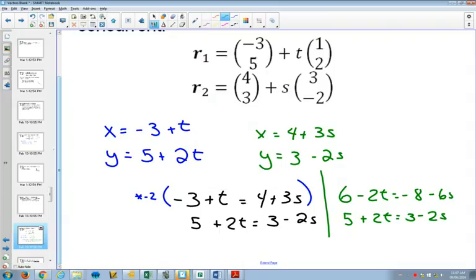What I wanted to do was get the coefficients of one of my variables the same, and I've done that with my t's now. They're the same, but one is positive and one is negative. So now if I add these together, I'm going to get 11 plus 0 equals 5 minus 8s. Wait a second.